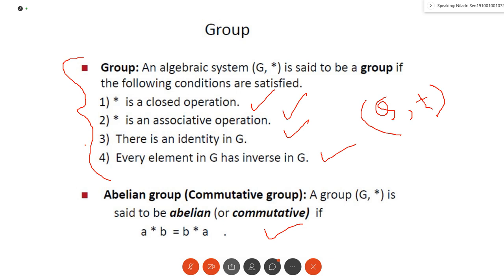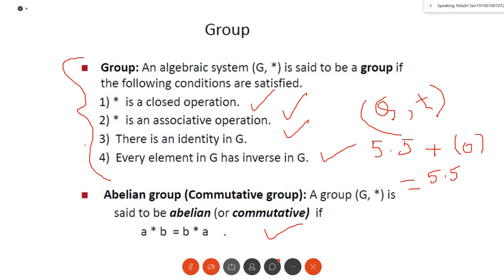Can you give an example of a rational number? Any rational number? 5.5. Okay, 5.5 is a rational number. Because the operation is addition, what should I add to 5.5 so that I again get back 5.5? 0.